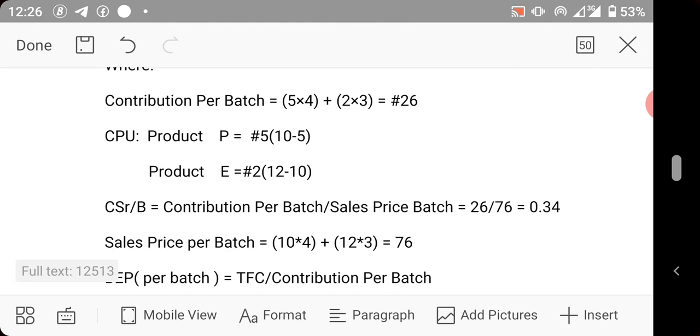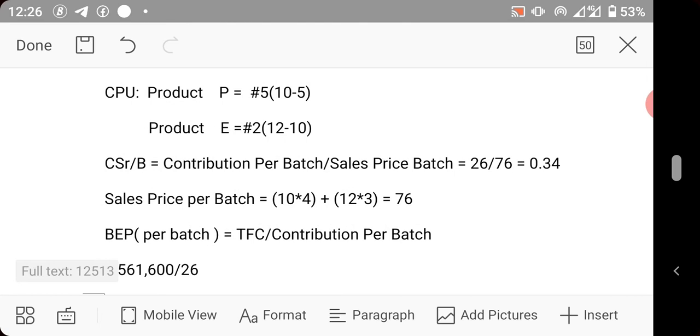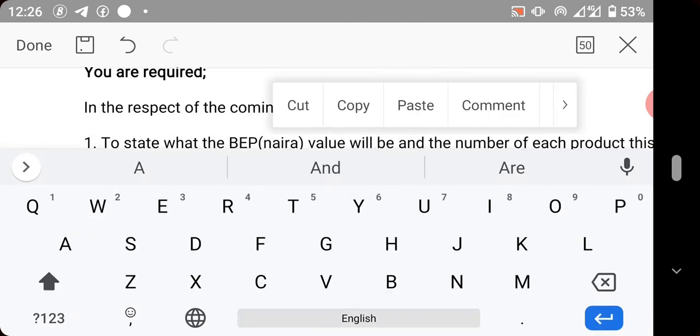You now get your contribution sales ratio per batch, which is contribution per batch divided by sales price per batch. The sales price per batch is simple: the sales price times the sales mix.